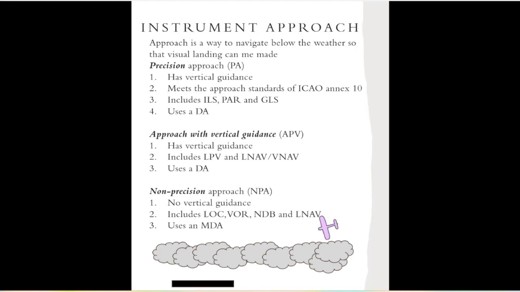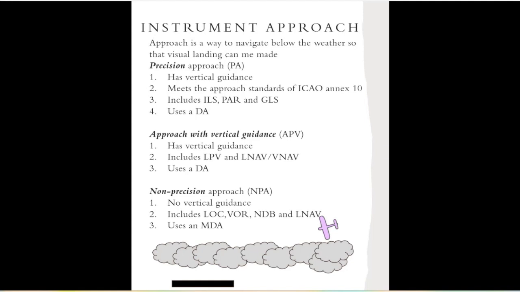So an approach is guidance to let us descend safely and see the ground. There are three types of approaches, mainly precision and non-precision, but then there's also approach with vertical guidance. Most often, the one we see in this category is the GPS approach to LPV minimums.